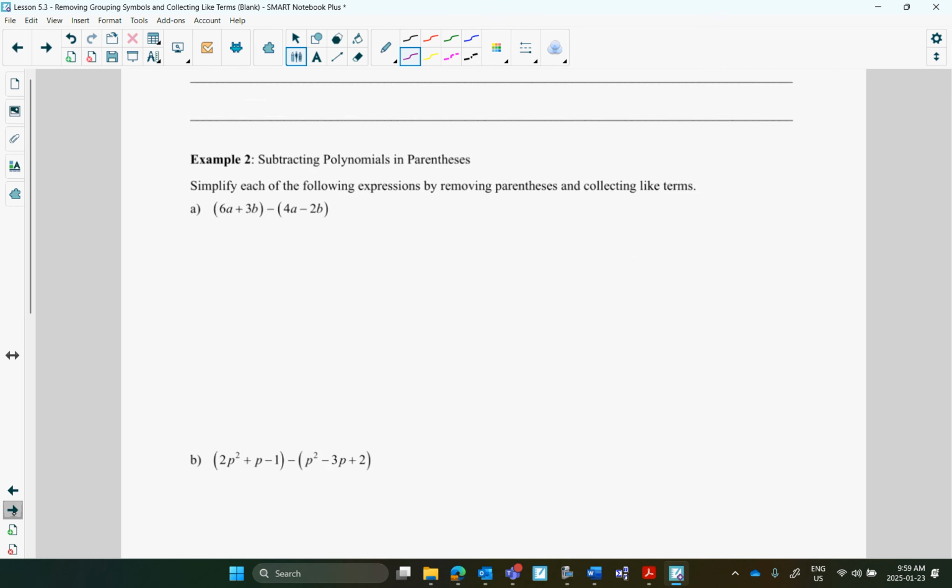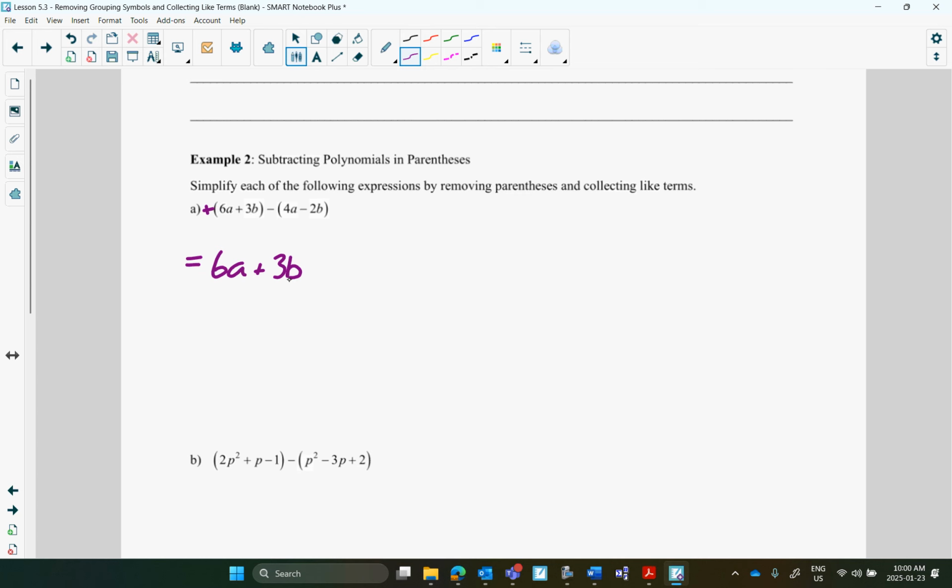Okay. So subtraction. Again, before we come up with a rule, let's look at what happens here. Okay, so this next example. Well, there's nothing in front of the first set of parentheses, so we assume it's positive, which means we can just take out the parentheses and nothing changes. Looks exactly the same without the parentheses.